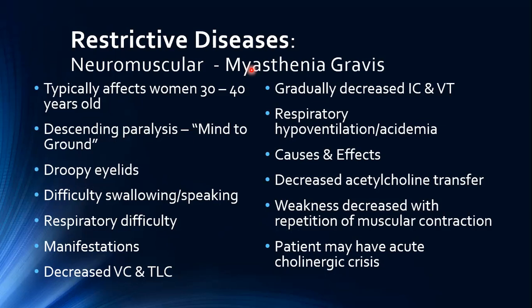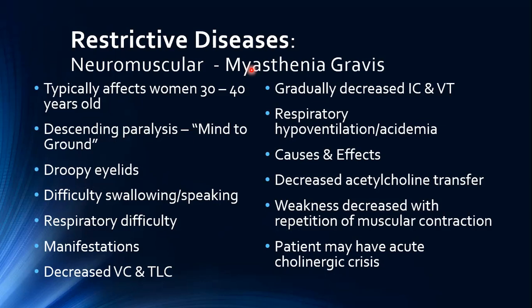Then what medicine might I discontinue that I, as a respiratory therapist, am giving him, right? What medicine could I be giving him that could be aiding in this blockage of acetylcholine, okay? What medicine could I be giving him that I probably need to stop because it may be enhancing these effects of the decreased acetylcholine transfer?